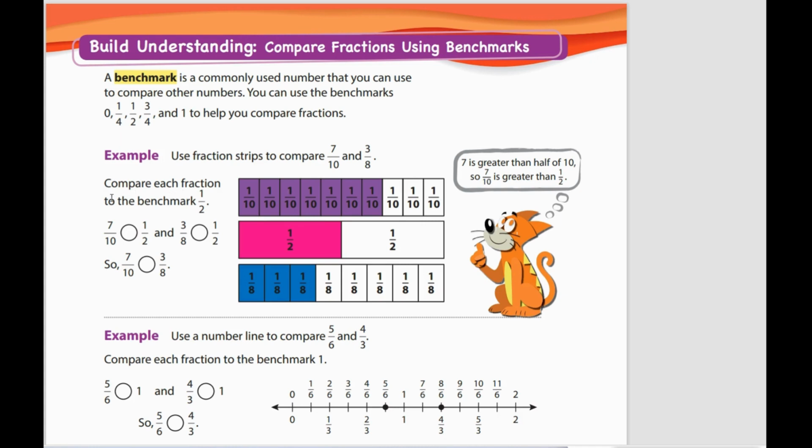So compare each fraction to the benchmark. Here we have our fractions. So we have 1, 2, 3, 4, 5, 6, 7 tenths. And we're comparing it to the halves. So if I were to compare 7/10 to 1/2, which one would be greater?